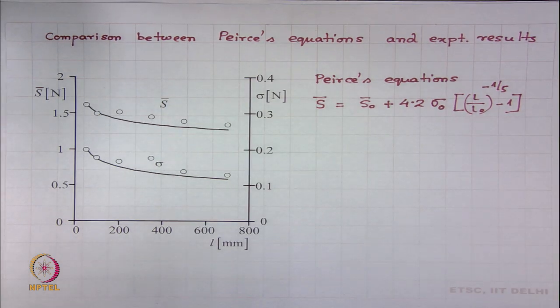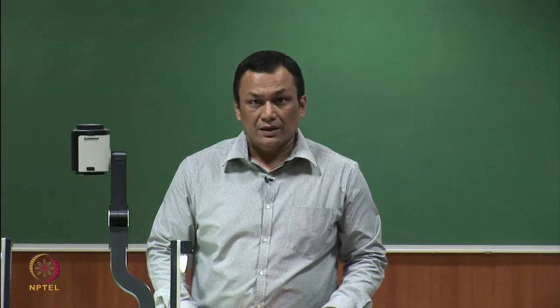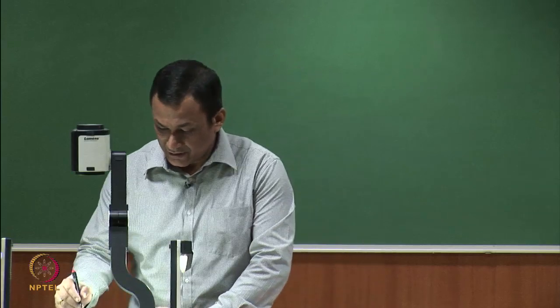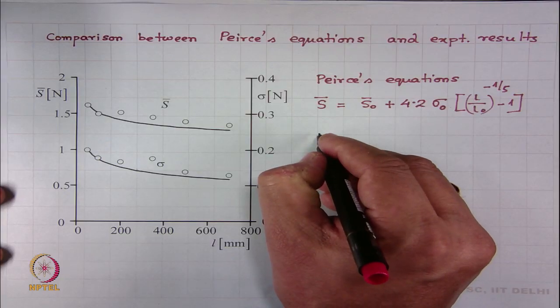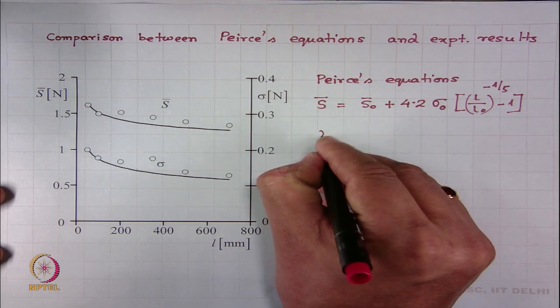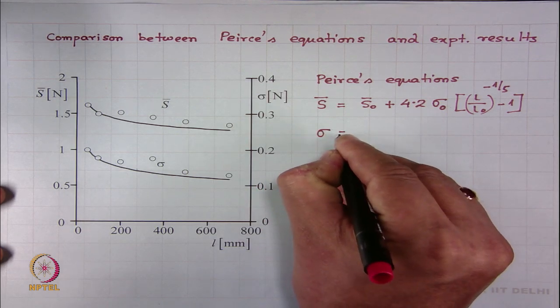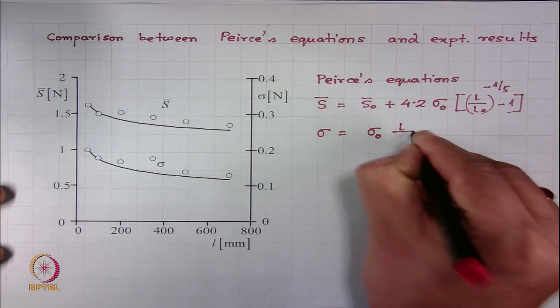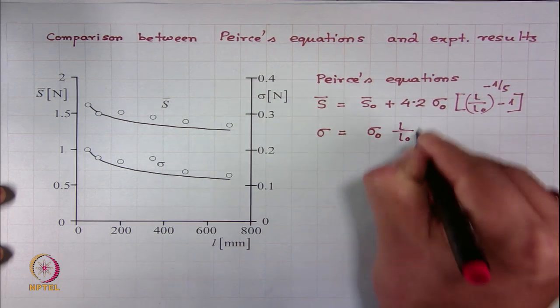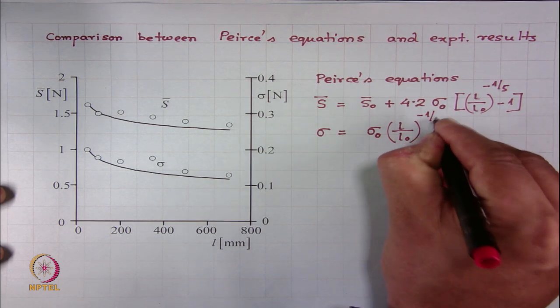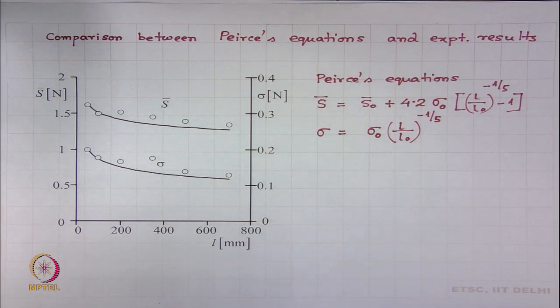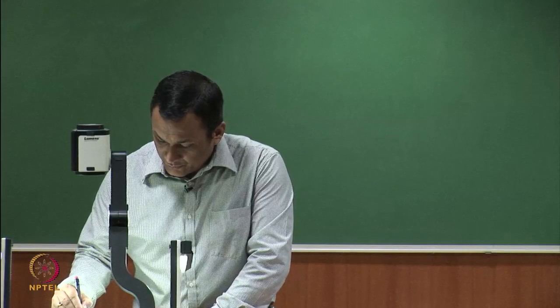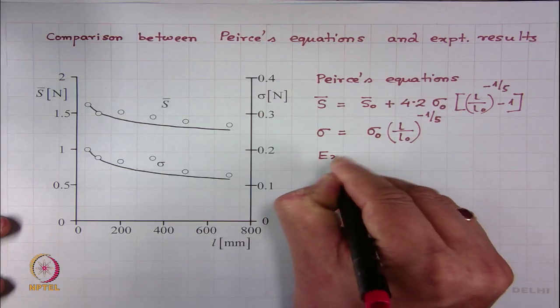So, this is your first equation related to mean strength, and the second equation is related to standard deviation of yarn strength at longer gauge length, which is equal to standard deviation of yarn strength at shorter gauge length into (longer gauge length divided by shorter gauge length) to the power minus 1 by 5. So, these two are the Peirce's equations, and now we will talk about the experimental results.